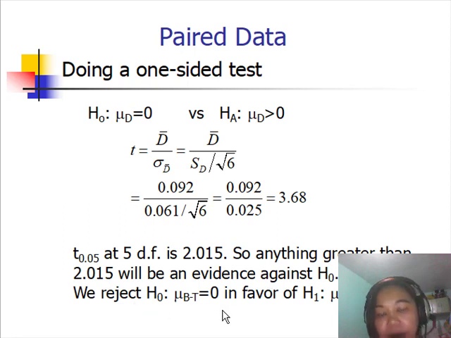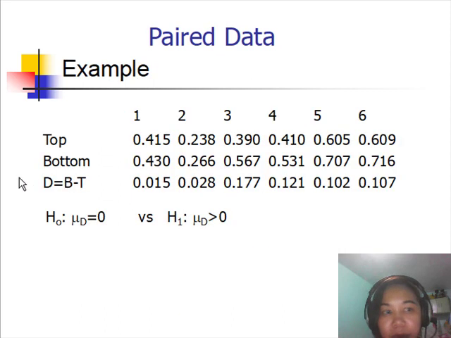Okay? So we conclude that there is sufficient evidence that the means, or the differences of the means, between the bottom and the top differ. Let us recall the problem.